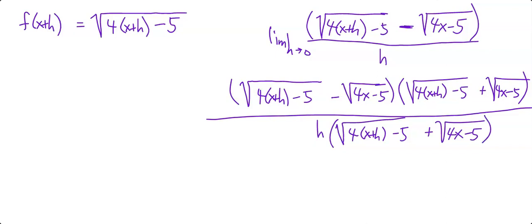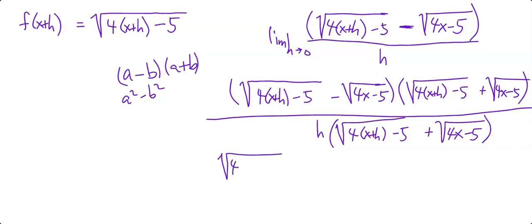And now this is the situation where we have a minus b times a plus b. Difference of squares becomes a squared minus b squared. So that means the top is the square root of 4(x plus h) minus 5, squared, minus the square root of 4x minus 5, squared.